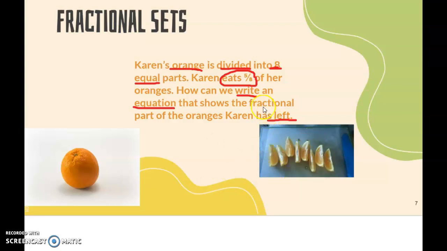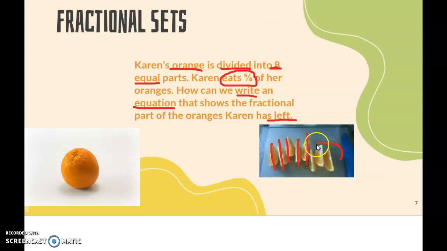Okay, so if I want to see what she had left, I already know that she ate 5/8. Well, what does that mean again, Miss Glad? I have no clue. What are you trying to tell me? Well, of those 8 pieces that we divided the orange into, she ate 5 of them. So I can take away 5. 1, 2, 3, 4, 5.